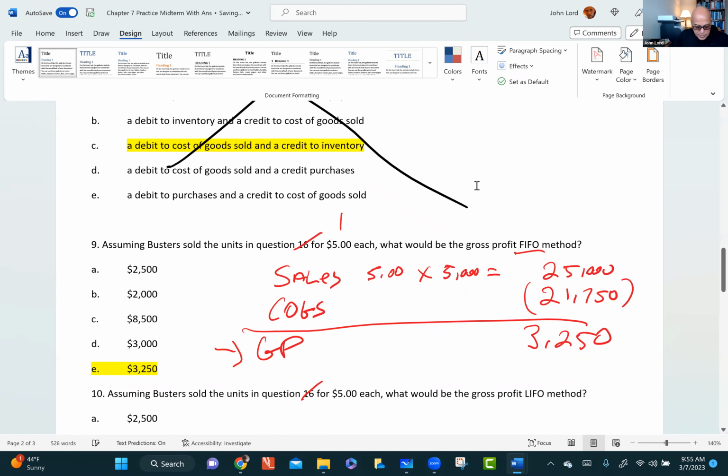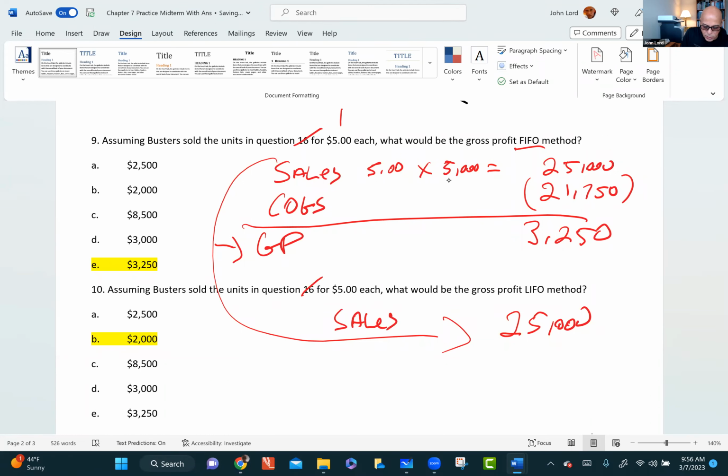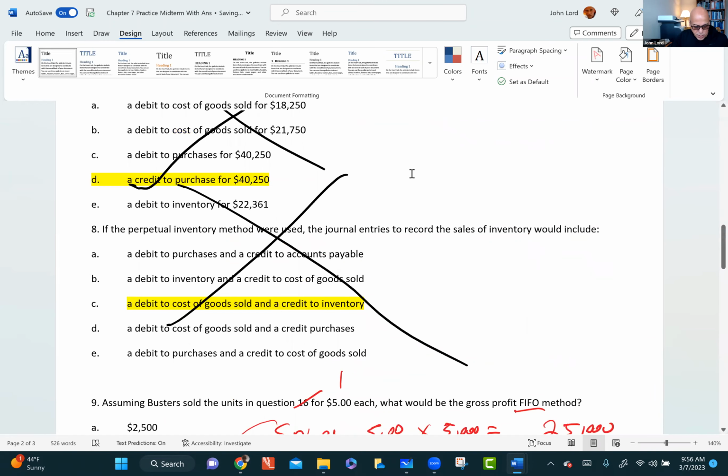Then I do the same thing for LIFO. Now I don't have to recalculate the sales price. Sales price doesn't change under the different methods. What they sell them for is what they sell them for. Now that's my sales. Now my cost of goods sold, in calculation of my gross profit, which is what this question's asking, what's my cost of goods sold under LIFO?